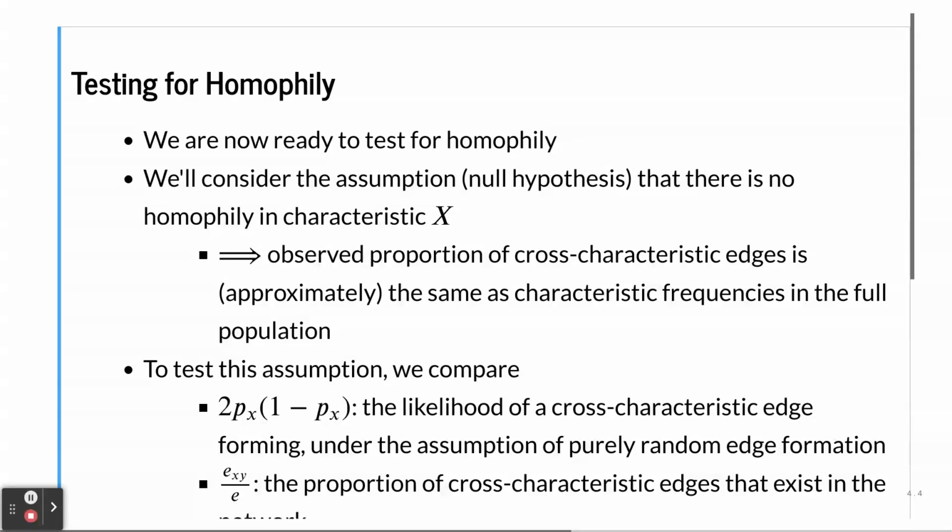To do this, we will consider the assumption or null hypothesis that there is no homophily in characteristic X. If this were true, we would see that the observed proportion of cross characteristic edges, meaning edges formed between one node of type X and one node of type not X, is the same as the characteristic frequencies in the full population.